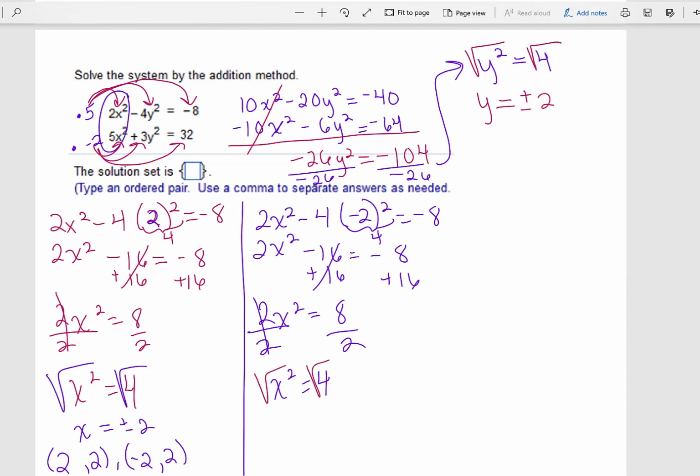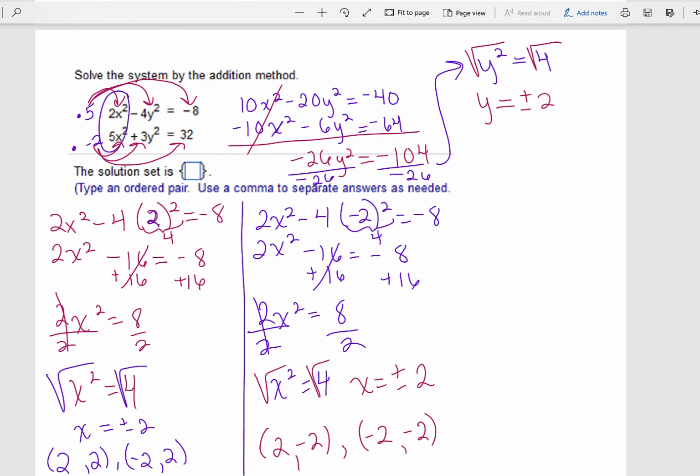We end up with x equals positive and negative 2. Okay, so remember, this is what that means. When I plug in negative 2 for my y, I get positive 2 for my x, but I also get negative 2. So this ends up with 4 points as well, right?